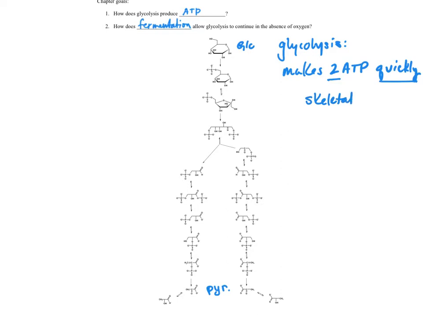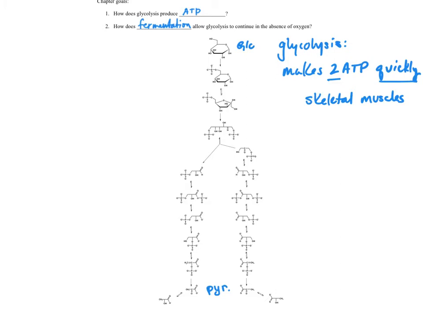I mean, it happens in all cells, or almost all cells, but we're particularly interested in it in muscles because that's where we need to make ATP quickly if we're going to use those muscles to do something like run away from an animal or something like that. So this is a trade-off between low yield and very rapid generation of ATP.